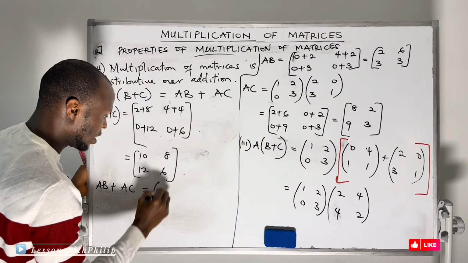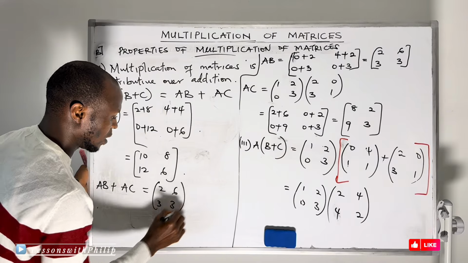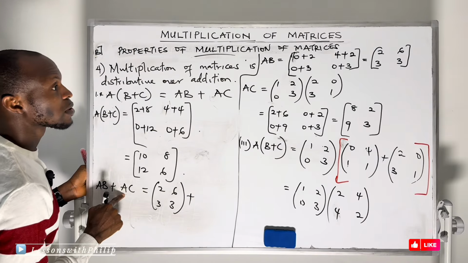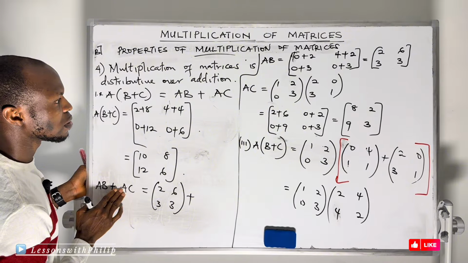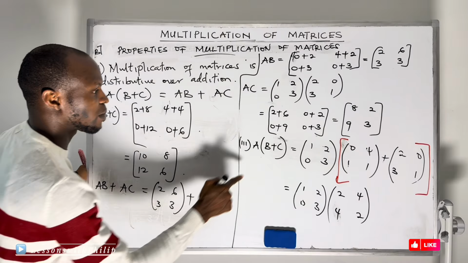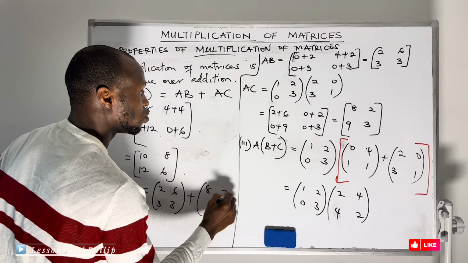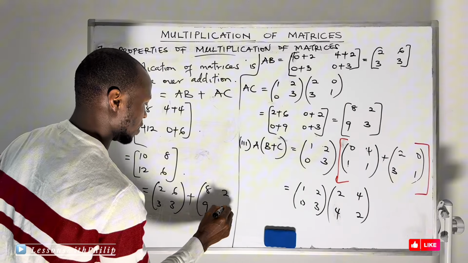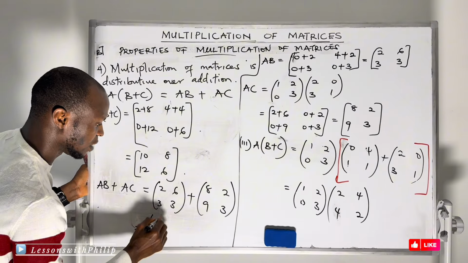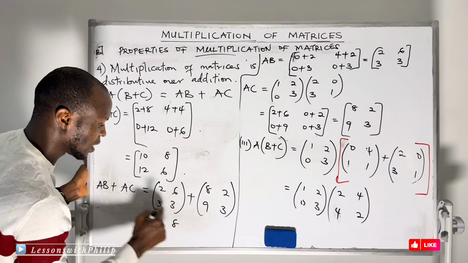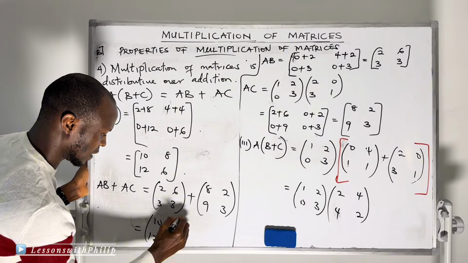My AB is 2, 6, 3, 3, plus my AC. What is my AC? That is 8, 2, 9, 3. And this will give me 2 plus 8, which is 10. 6 plus 2 will give me 8. 3 plus 9 will give me 12. 3 plus 3 will give me 6.